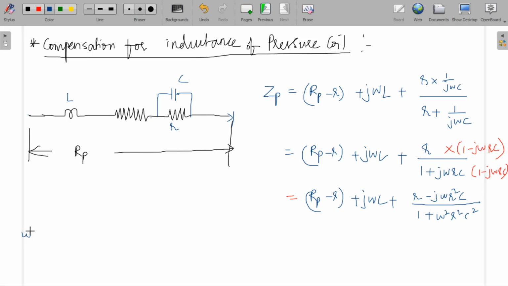Anyhow, omega square C square R square is far less than 1 for power frequencies. At power frequencies, it is far less than 1, so let me neglect this term. Then you are going to get Rp minus R plus j omega L plus R minus j omega R square C.